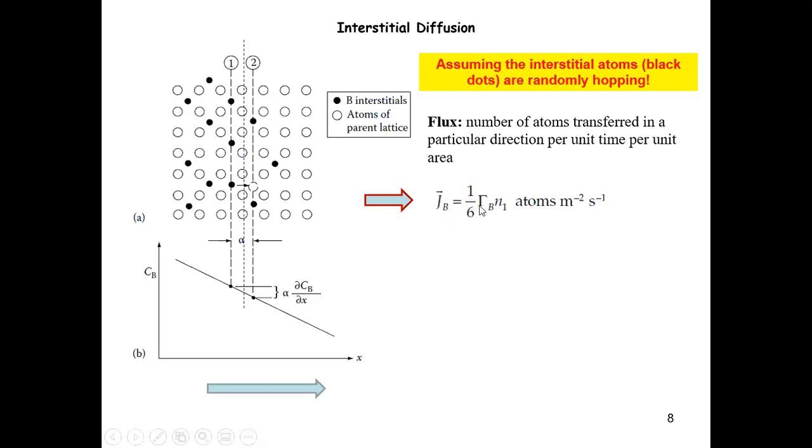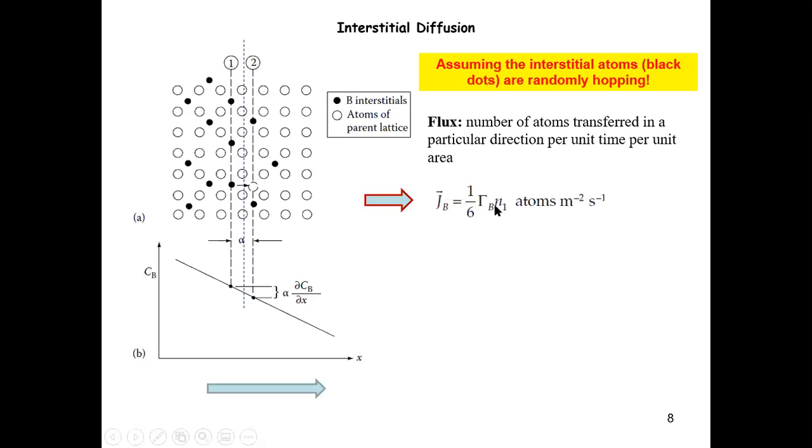And this is 1/6 times gamma. Gamma is the vibration frequency, in this particular case the hopping rate: per unit time, how many hops the atoms will be doing. And then N1 is the number density of the atoms on plane 1, the number of atoms per unit area.